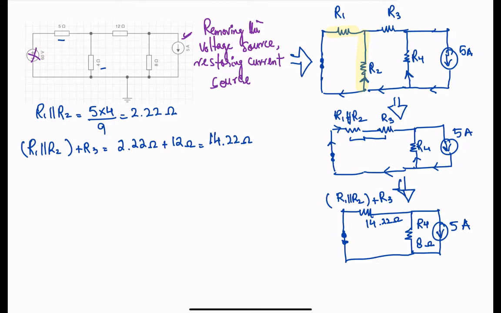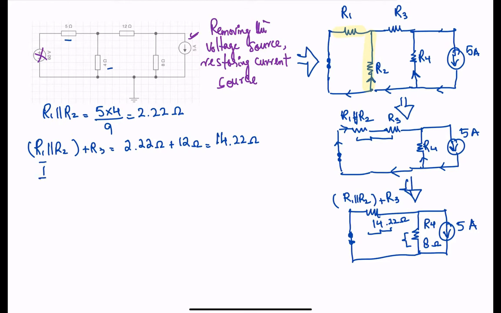Okay, we can further simplify it. Notice that this is a Norton equivalent form too, so you can apply the current divider to find the current across this resistor over here and also this resistor over here. I'm going to start with finding the current across I4. The equation is I4 equals the total current, which is 5 amps in this case, times the total resistance.